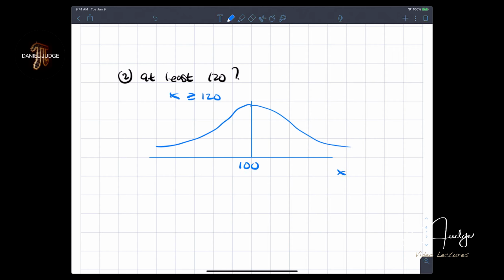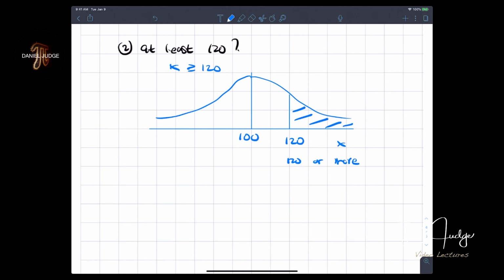Here's a normal distribution. Oops. 120 maybe we'll put over here. And you have to know, what does at least 120 mean? It means 120 or more. So shade the portion of the bell that corresponds to these X values, at least 120. It's 120 or more.